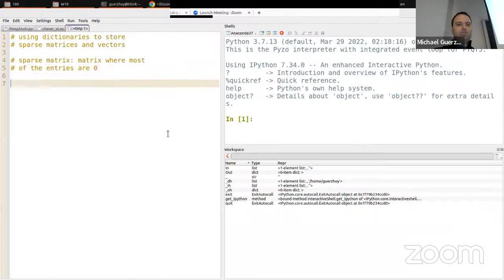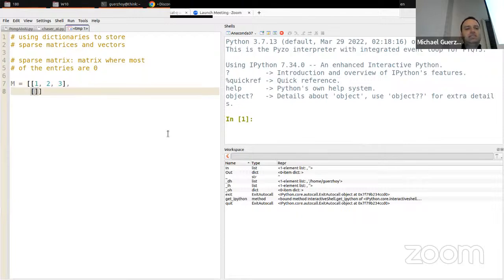So first of all, how do you store a matrix? Well, you might store it like this, right? It would be a list of lists, something like this, for example. And of course, it's not MATLAB, it's Python. Python doesn't know that it's a matrix; as far as it's concerned, it's a list of lists. It just so happens that the length of the first row is the same as the length of the second row.